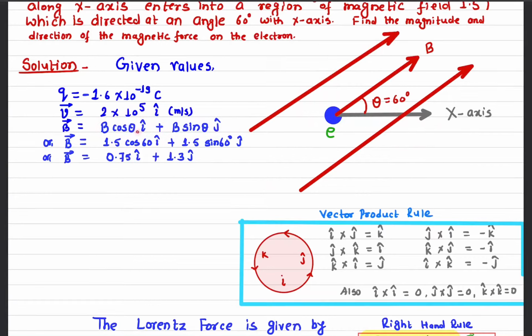B is given, which is 1.5, so 1.5 cosine 60 degrees i vector plus 1.5 sine 60 degrees j vector. Multiplying these terms, you get 0.75 and 1.3 j vector. That means the component of the magnetic field along the x-axis is 0.75, and along the y-axis the magnetic field is 1.3 j vector.